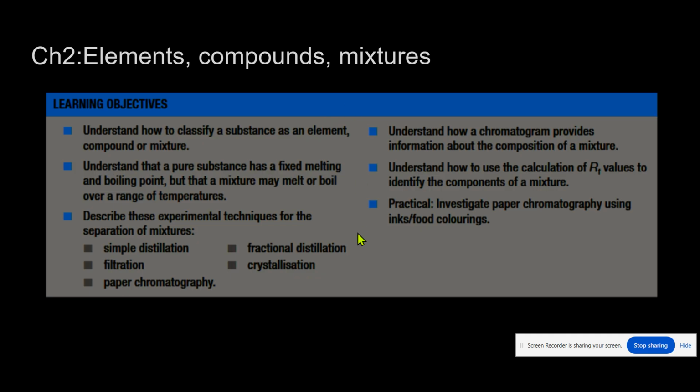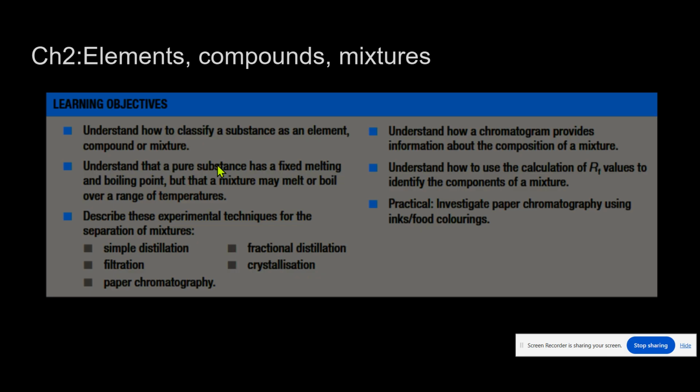For an element, it needs to be pure. A compound needs to have two or more different atoms. Carbon dioxide and water are compounds. Nitrogen and oxygen are elements. A mixture is simply a mix of different elements, or different compounds, or a mix of both.